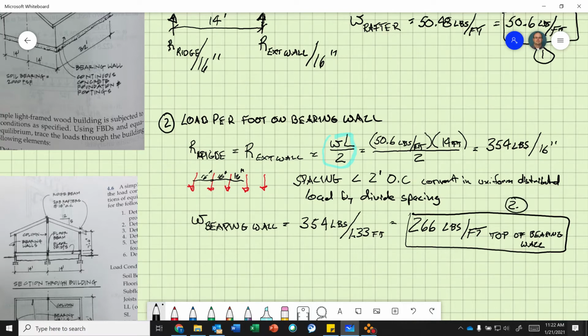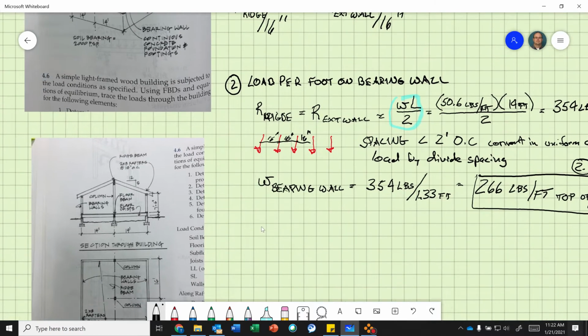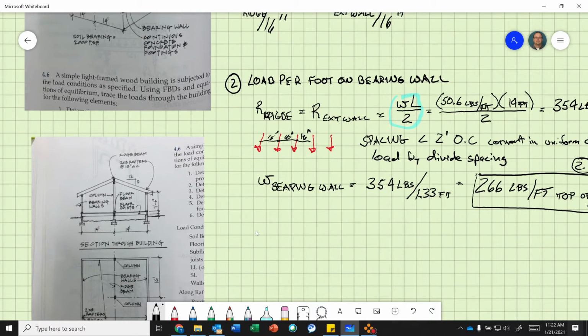Okay, so now, if you look here, we have our loads transferred from the rafters down to the top of the bearing walls and to the top of the ridge beam, because the ridge beam supports the other end.